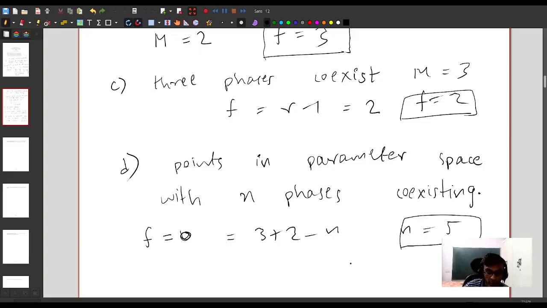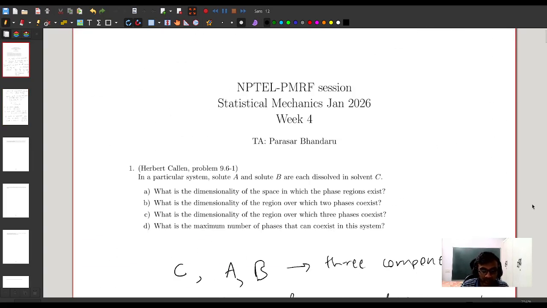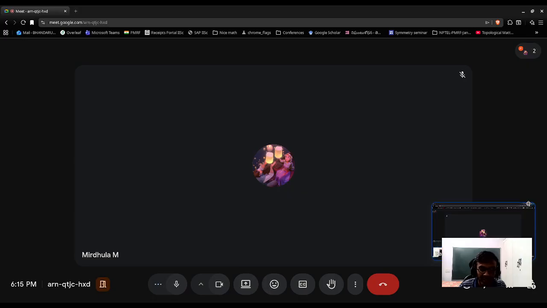That would be like a pentuple point, but it is possible to have pentuple points where 5 phases coexist in this system. That is the point of this question, finding how many phases exist at points.